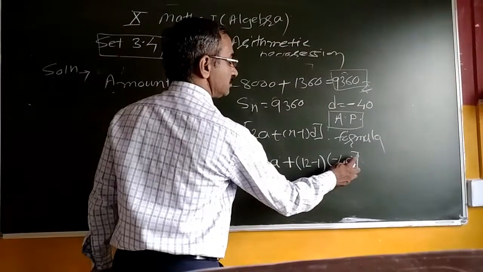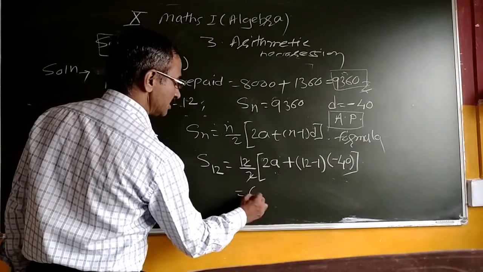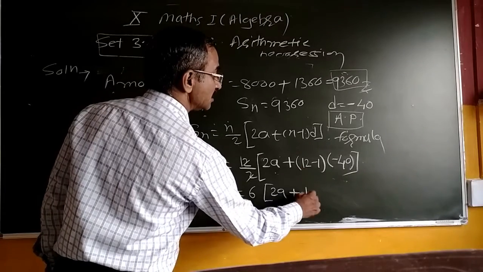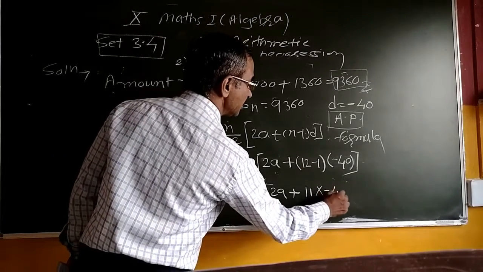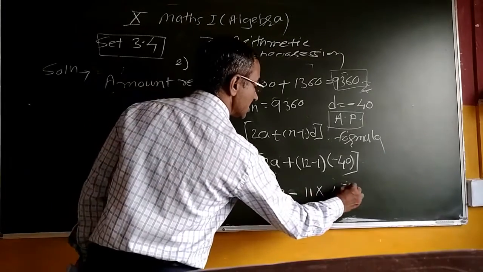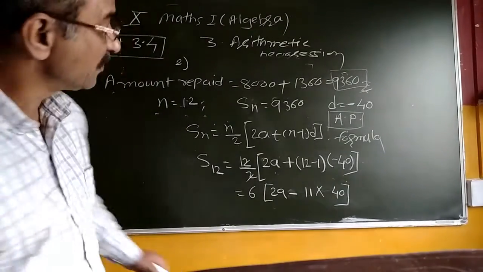Then by solving it, 12 upon 2 is 6. 2a remains as it is. 12 minus 1, that is 11, into minus 40. Plus minus becomes a minus. So we are multiplying it.